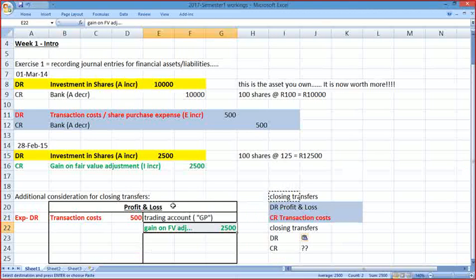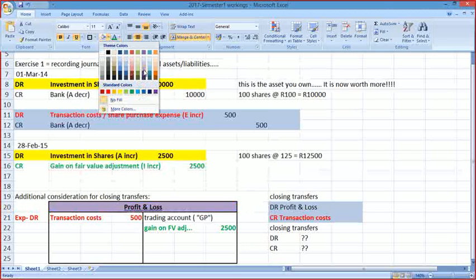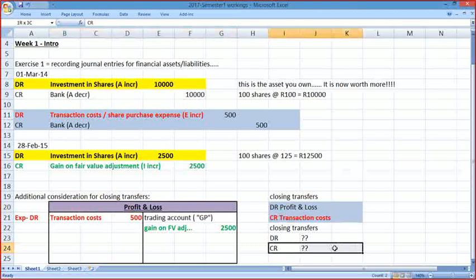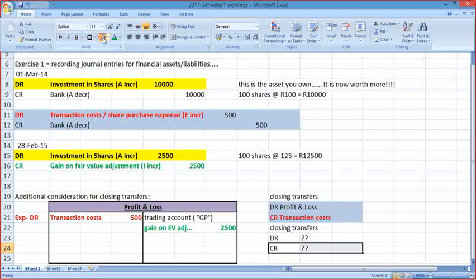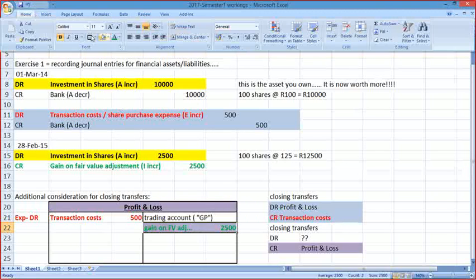What did I do to profit and loss? Increased it. Debit or credit it? You credit. Okay, so credit profit and loss. Okay, does that make sense? Yes.